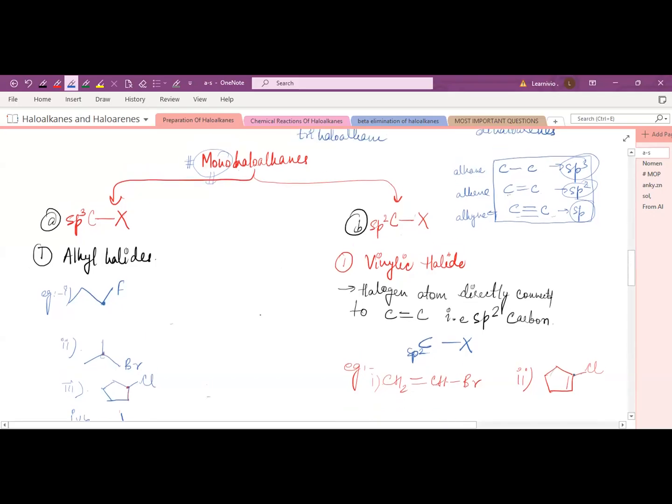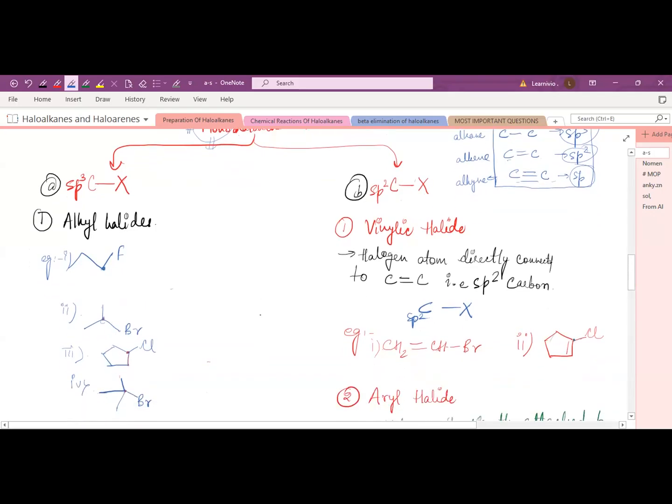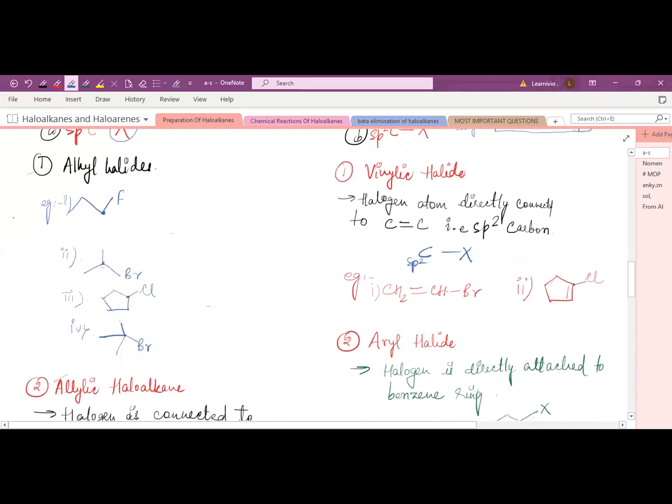So see, the monohaloalkane first type. The first type is when the halogen group is attached to an sp3 hybridized carbon. In this type, there are three types of halides: alkyl halide, allylic halide, and the third one is benzylic. One by one we will discuss it.